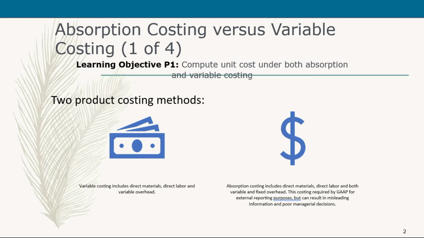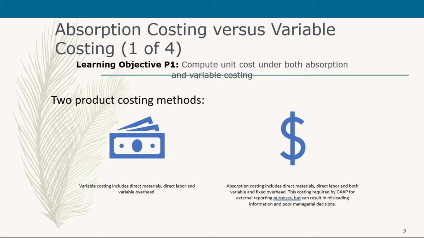In variable costing, it is expensed during the period when the fixed overhead is incurred. Please do remember that. Your fixed overhead is expensed when incurred. While in absorption costing, it is expensed in the period when the units to which such fixed overhead has been related are sold.